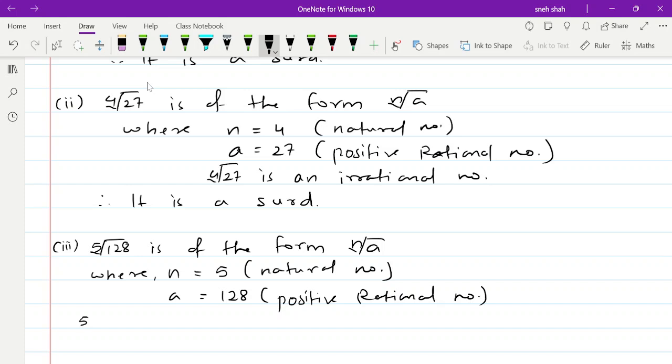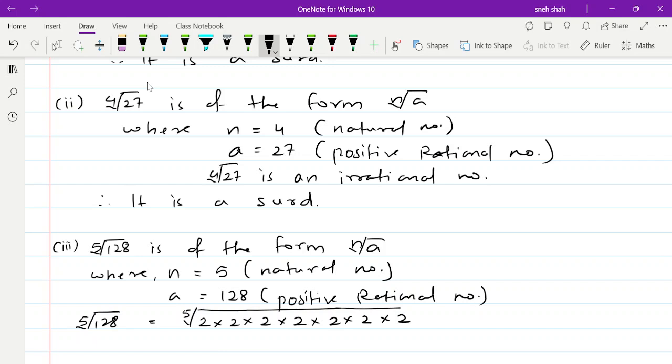Now, both criteria are fulfilled for n and a. So now we will simplify the given number using prime factorization and check whether the given number is actually an irrational number or not. So 128 can be written as 2 into 2 into 2 into 2 into 2 into 2 into 2.